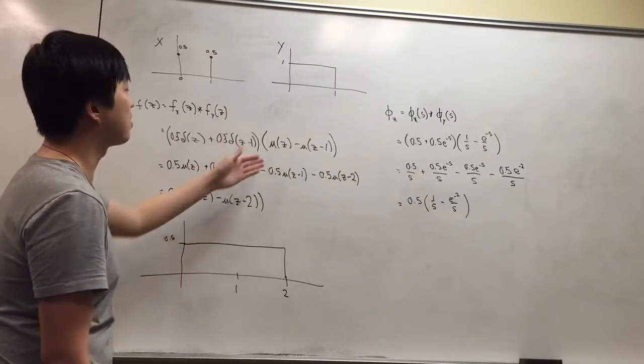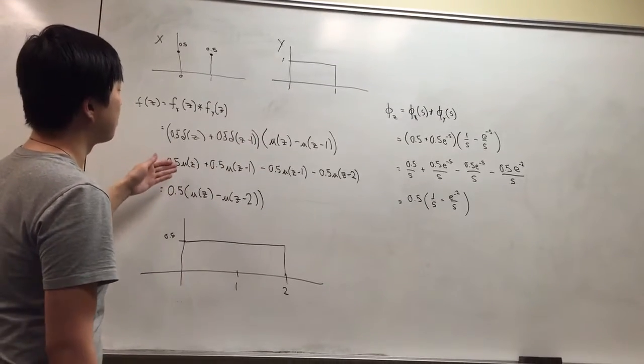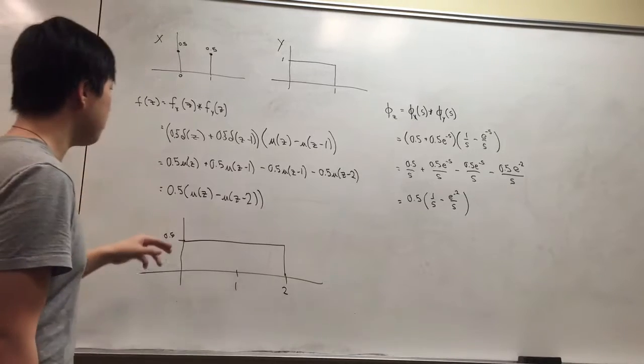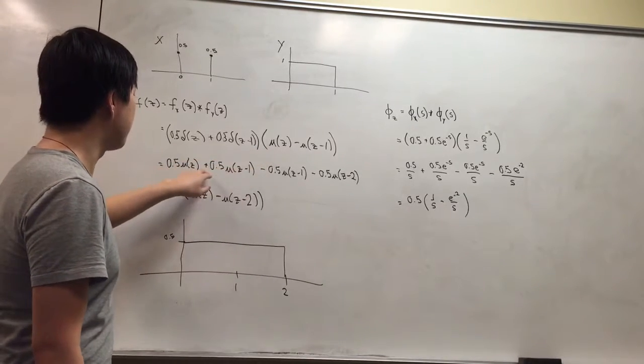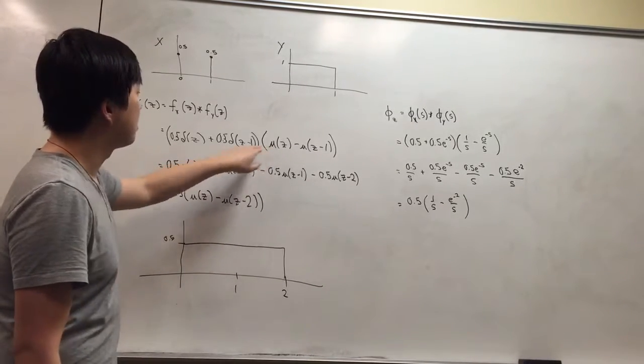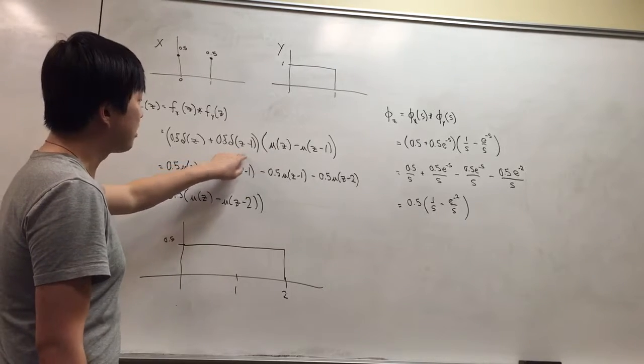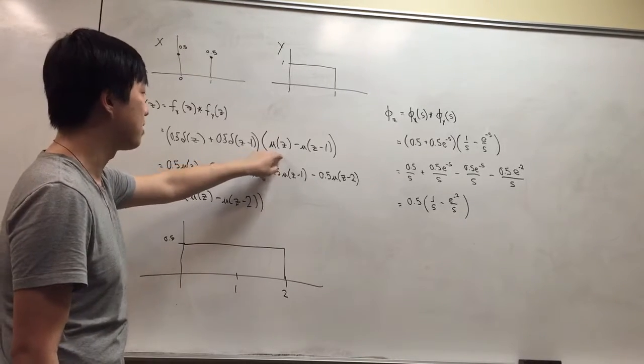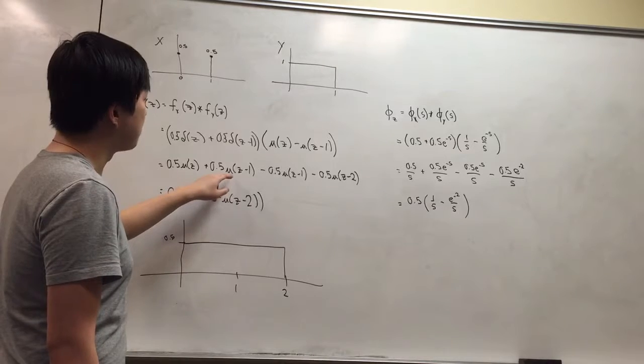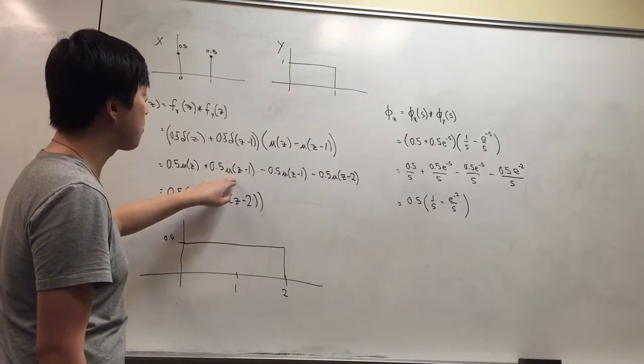When you multiply that by the unit step function, it just becomes a unit step function with the height of the impulse. Then the inside would just be 0.5 times, since the impulse is shifted over by 1, that shift carries over when you multiply it by the step function. So it's 0.5 times the step function of z minus 1.